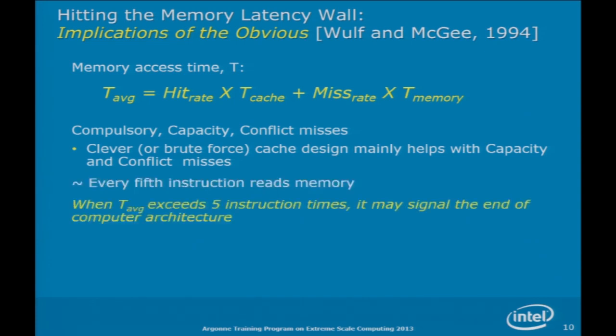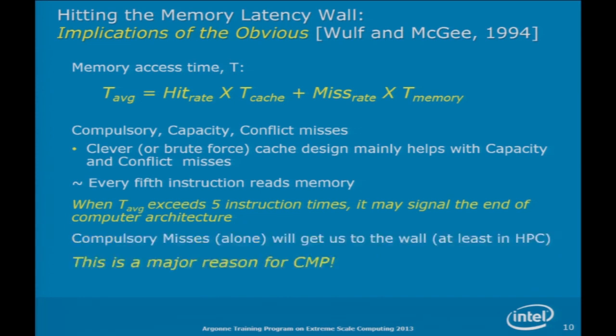But if every fifth instruction reads memory, when your average access time exceeds a 5 instruction window, that may be the end of computer architecture, which may not seem serious to you, but to computer architects that's a big problem. And compulsory misses alone, especially in high performance computing, may get us to this limit.